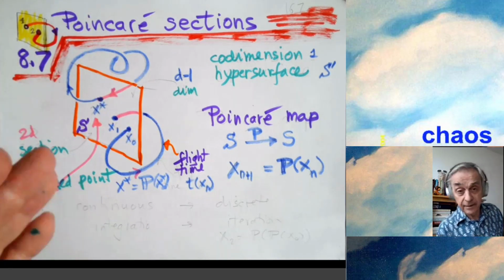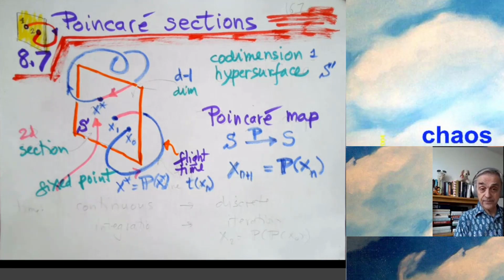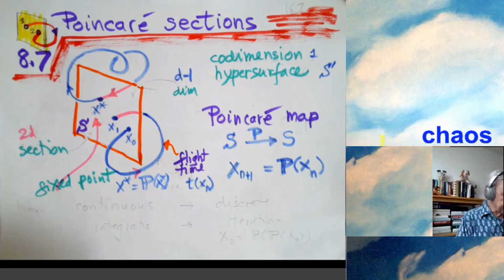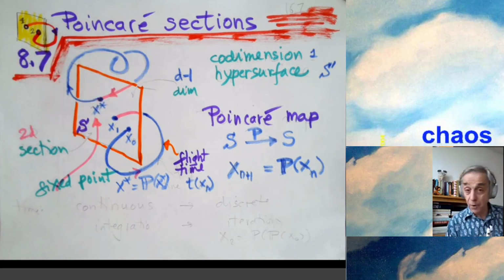Now they're reduced to maps, to functions in discrete time. Every time I cross by, I can imagine that's a unit of discrete time. And what used to be a flight time between coming and returning, or in this case, periodic orbit time, is now a property you compute from your Poincaré section.